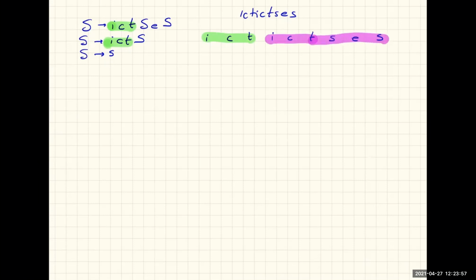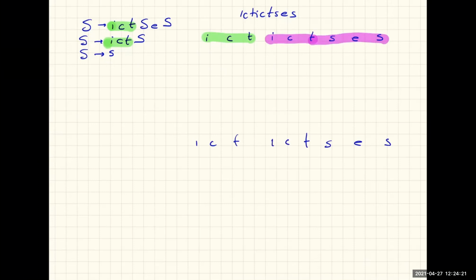So this is one way of parsing it. Let me use colors again so that we can see the other way of parsing it. ICT, ICT, SES. So I'm in class, so this is number one priority. No one can interrupt me.